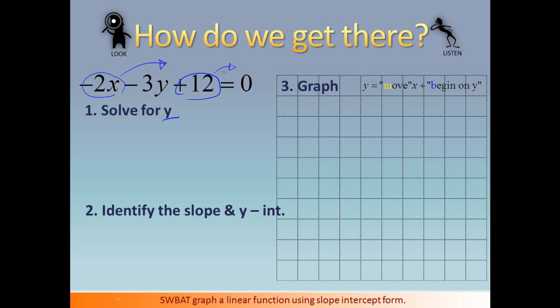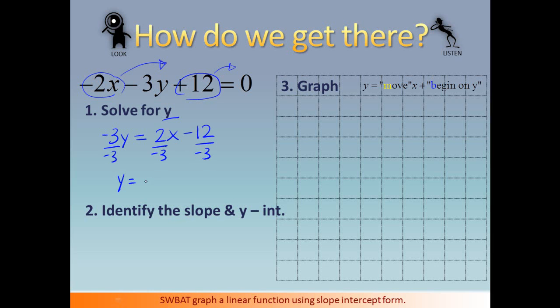And as we learned in pre-algebra, when you change sides, you change signs. So let me go ahead and write down that step. The -3y remains. Now we have a positive 2x and a -12. We're almost there. I want to isolate the y, so I'm going to divide through by -3.